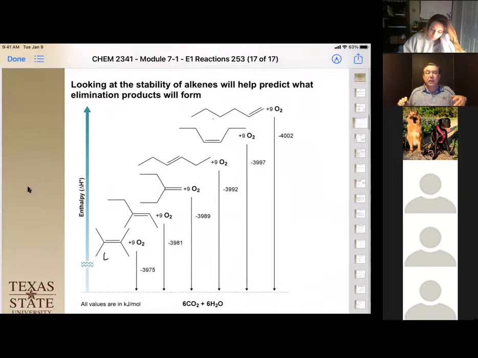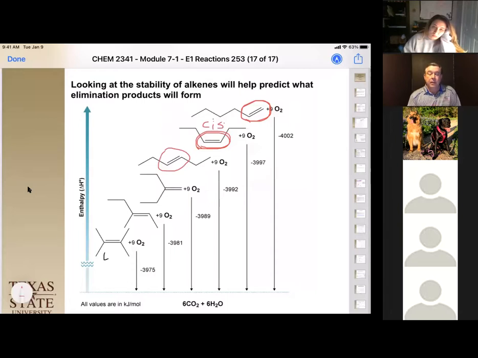Now, why? Well, because alkenes have different stabilities. We talked about this in our nomenclature chapter, the idea that different types of alkenes have different stabilities. Okay, so an alkene with a single substitution on it is not as stable as one with two substitutions on it. Okay, so in this case here we have one attachment, here we have two, and this happens to be the cis configuration because they're both on the same side, and the cis configuration is not as stable as the two in the trans configuration because of sterics.